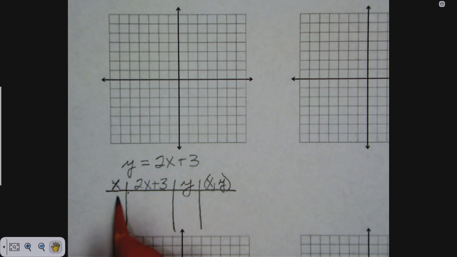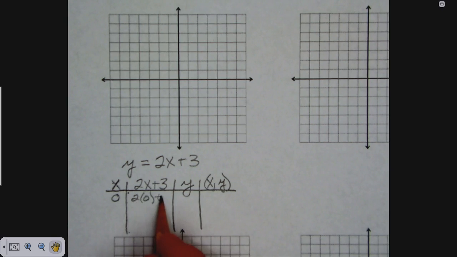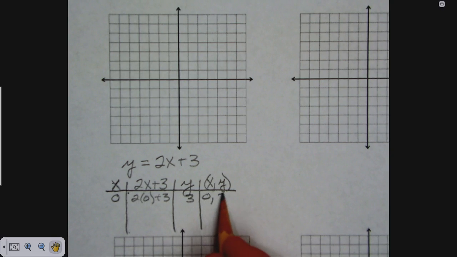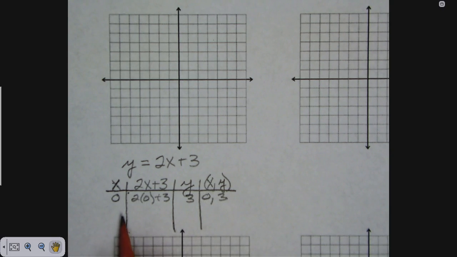So let's pick 0. 0 is always an easy one. So 2 times 0 plus 3 is equal to 3. And we get an ordered pair (0, 3). Another point we can use is 1. So we have 2 times 1 plus 3, that's 2 plus 3, which is 5. And so we have (1, 5).